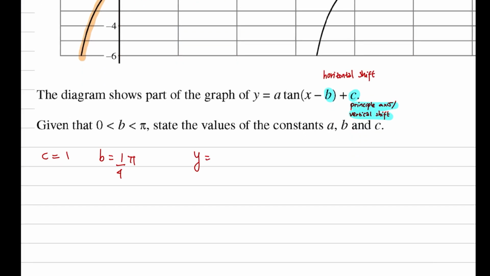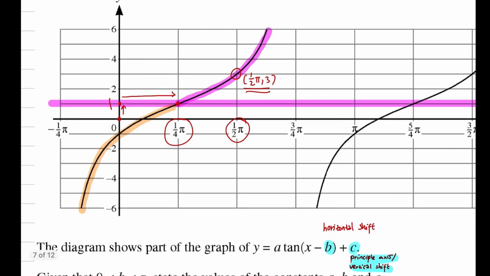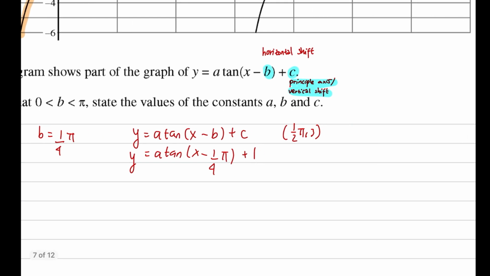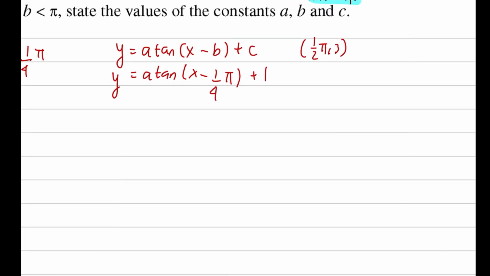We get y equals a tangent (x minus b) plus c, where b is 1 over 4 pi and c is 1. We substitute the coordinate, y equals 3 and x equals 1 over 2 pi: 3 equals a tangent (1 over 2 pi minus 1 over 4 pi) plus 1.